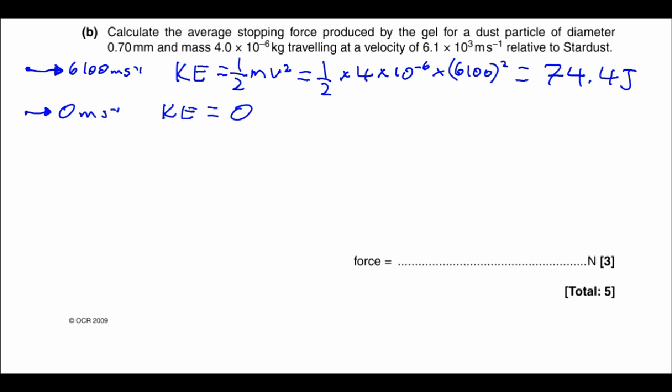But where does this kinetic energy go, which it initially had? In order to get rid of that kinetic energy, there must be some work done on the particle. And that work done comes from the stopping force by the gel. Unless there is any work done, the kinetic energy wouldn't have gone anywhere.